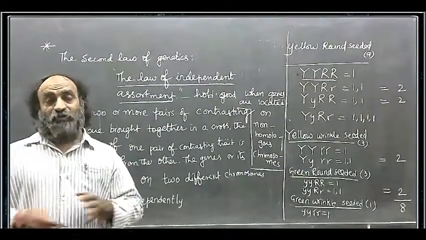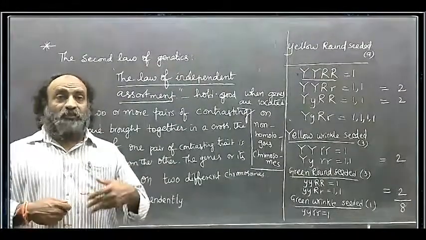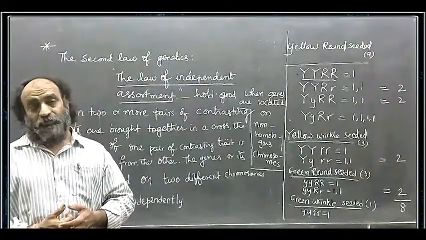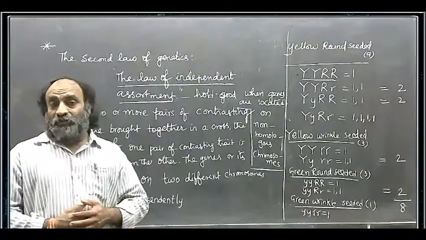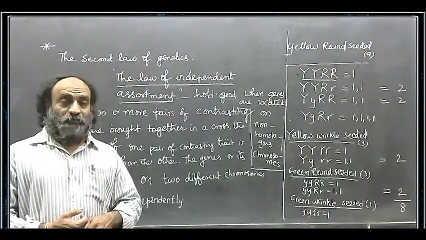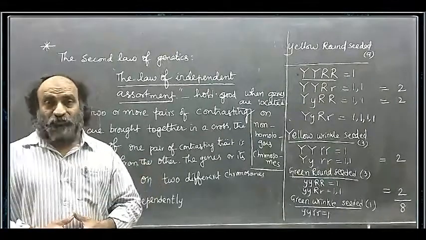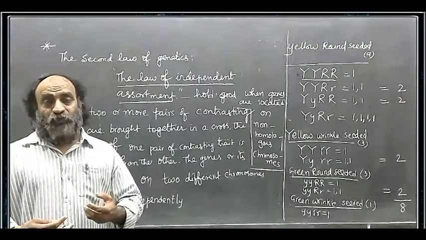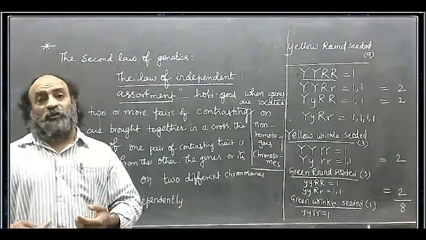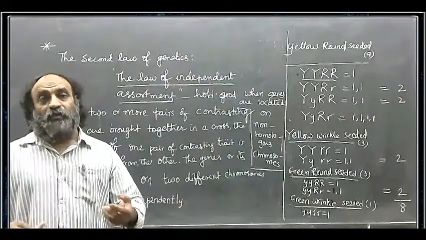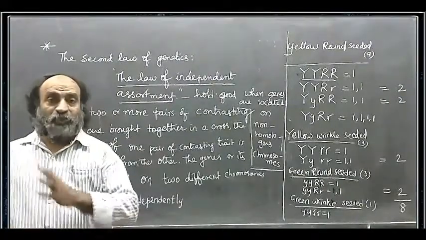When a tall pea plant with rounded seeds is crossed with a dwarf pea plant with wrinkled seeds, how will be the progeny in the F2 generation, and define the law based on the results obtained? This is the question.